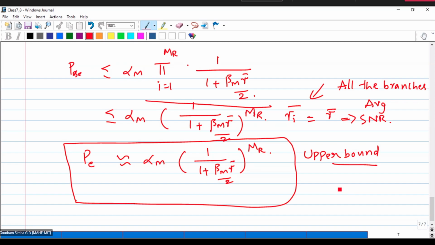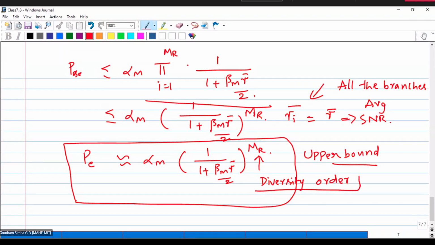Alpha m divided by 1 plus beta m gamma bar by 2 you will get, so approximately that becomes alpha m by beta m by 2 gamma bar. So what does it mean? What is the diversity order? Diversity order is your Mr. Now, what is this diversity order? Diversity order is nothing but how many branches are active. This is your diversity order.